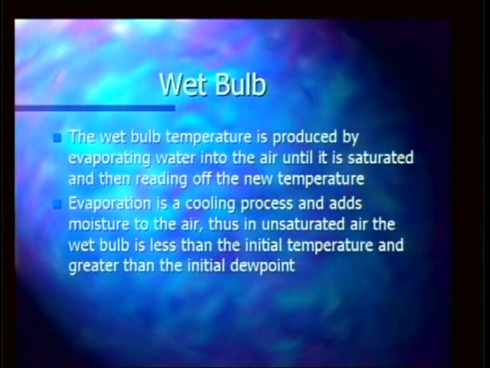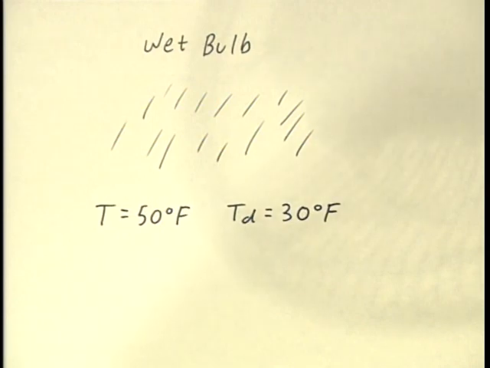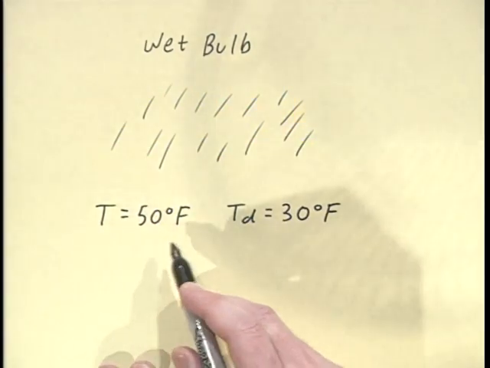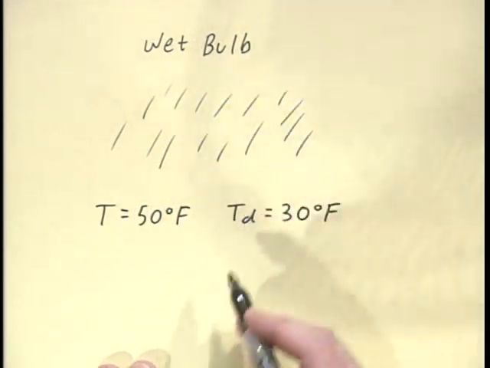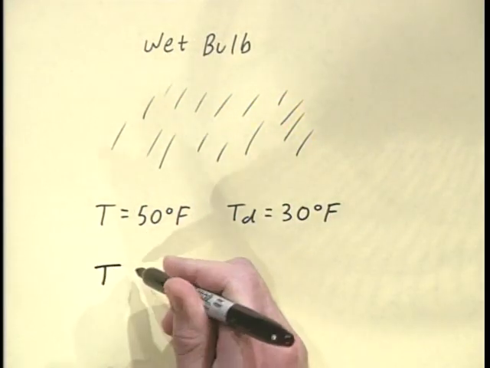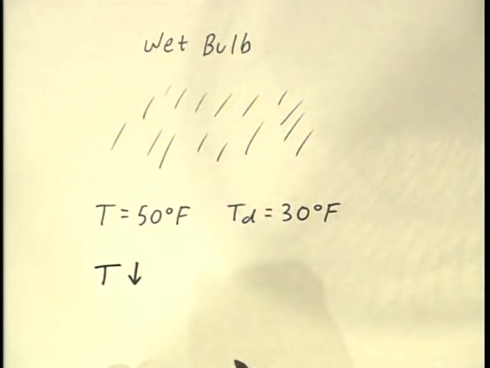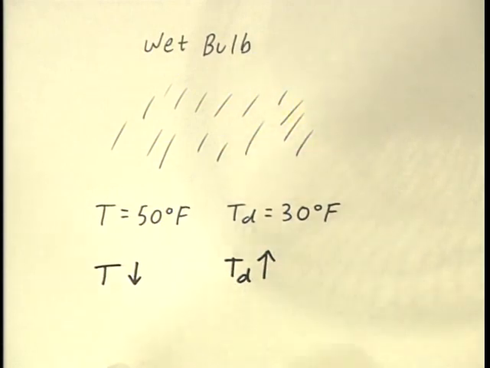On the overhead, we'll take a look at an example of air that is initially unsaturated. It has a temperature of 50, dew point of 30. Rain falls into that air, and the temperature starts to go down because you have evaporational cooling, but the dew point value goes up because you're adding moisture to the air.